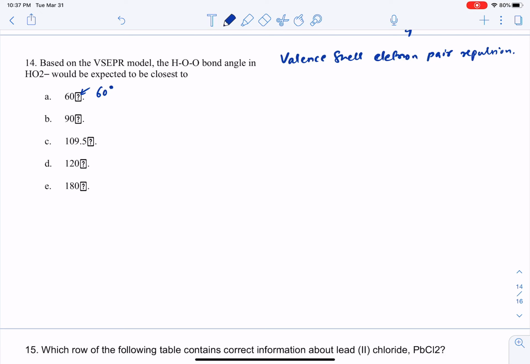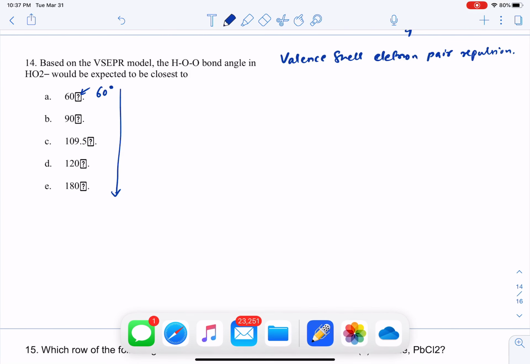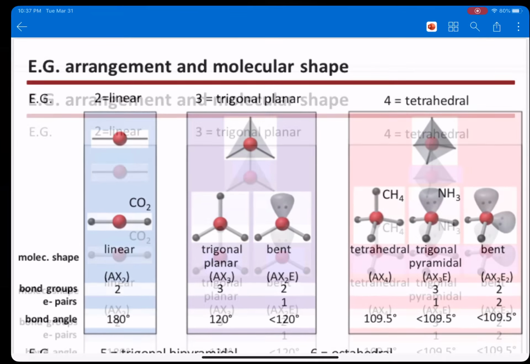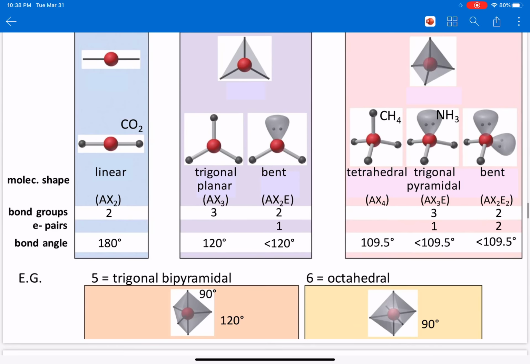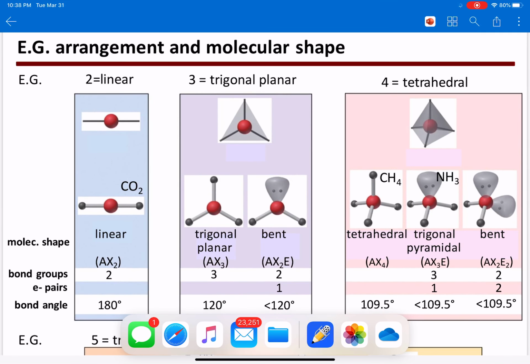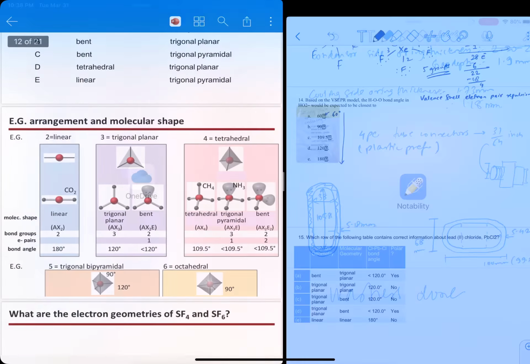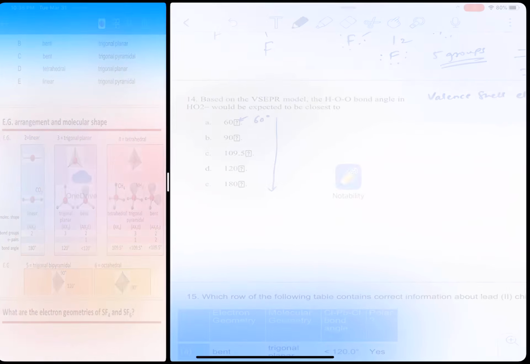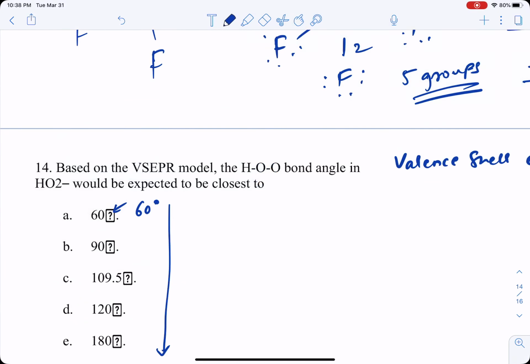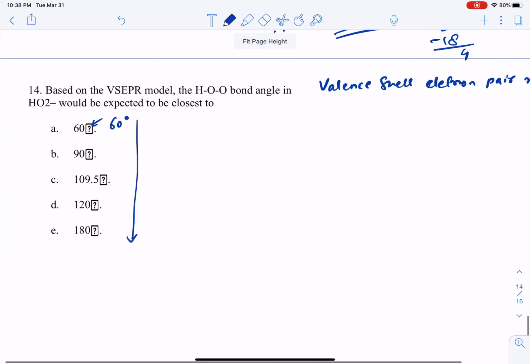If you see all these angles, they are 120, 180, 120, 109.5. Those are the kind of angles that we have. Let's open it again. If we know the structure of HO2 minus, we will also know the angle. And it's asked the closest, it's not asked exactly.